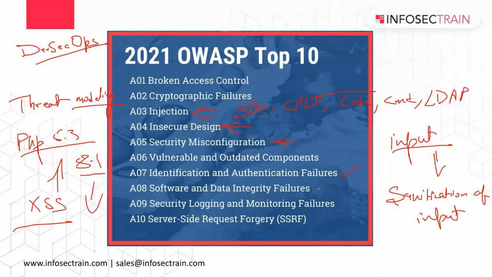Right? Then software and data integrity failures. So data integrity means that whenever my data is traveling during transit, my data should not be changed. It should not be tampered with, right? Now, these integrity failures depend on the integrity of software updates, right?